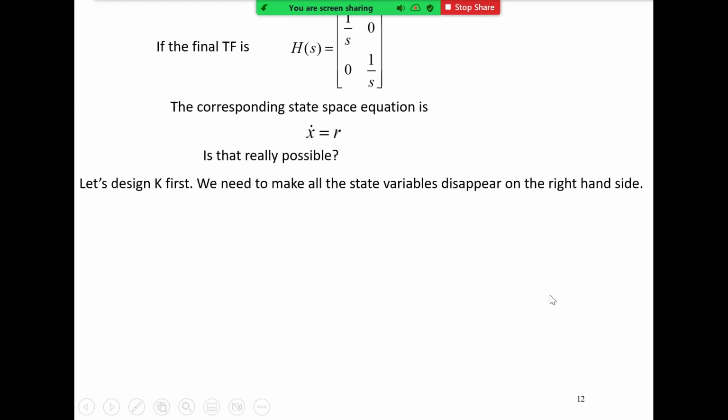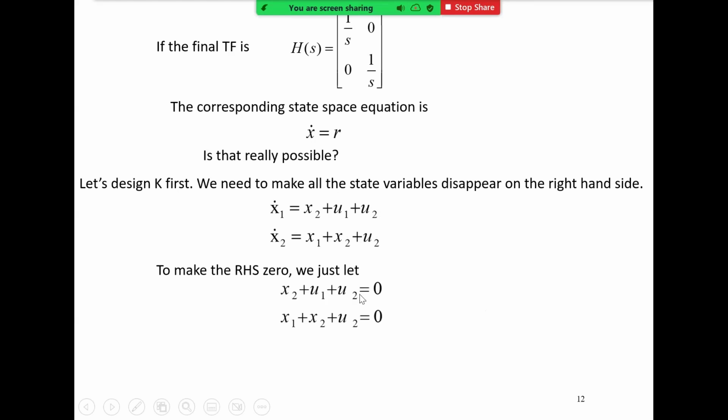Now let's just write out the equation. This is the original equation of the system. So what we try to achieve is simply to make the right-hand side 0. We try to figure out what inputs u1 and u2 make those two equations equal 0.